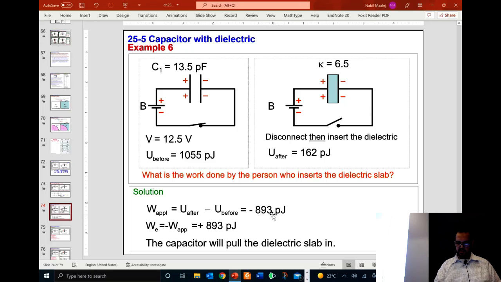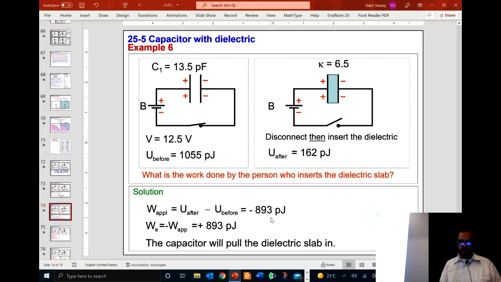It's negative because actually the electric field is helping us to put the dielectric between the two plates. So we have to do negative work because the electric field is pulling the dielectric into the space between the two plates.